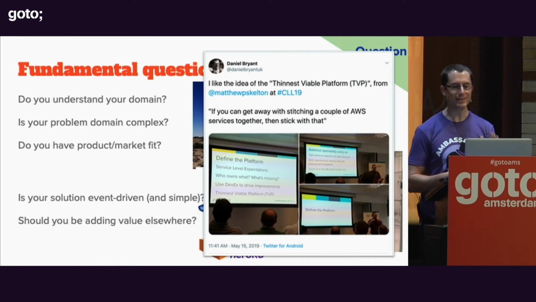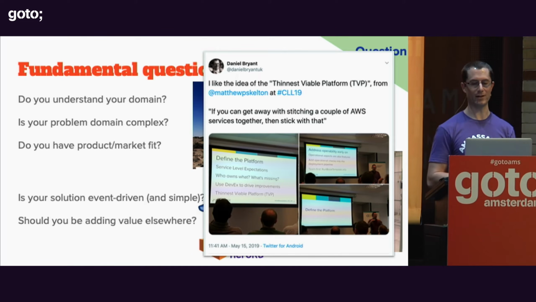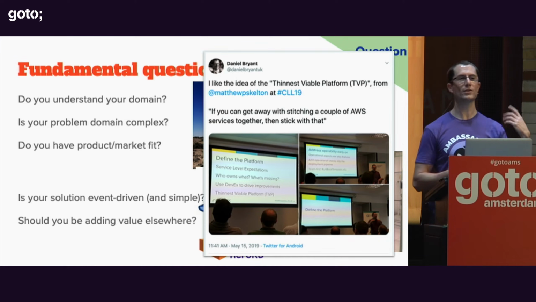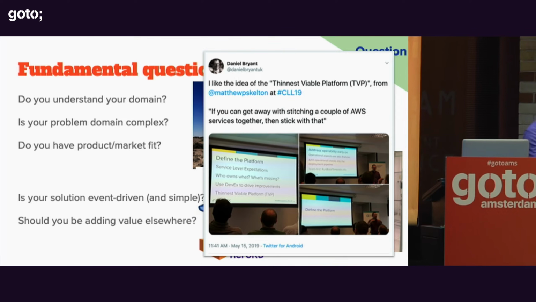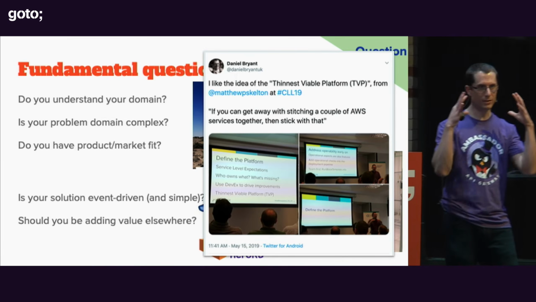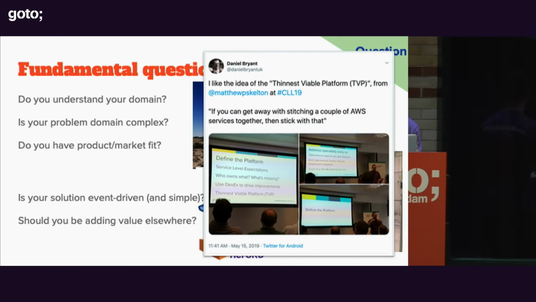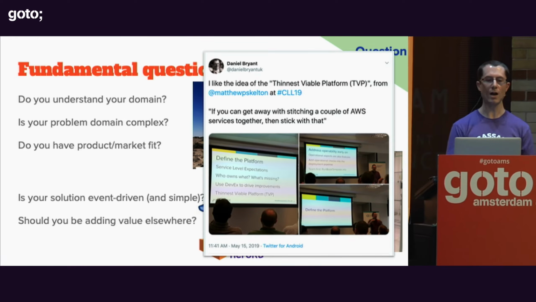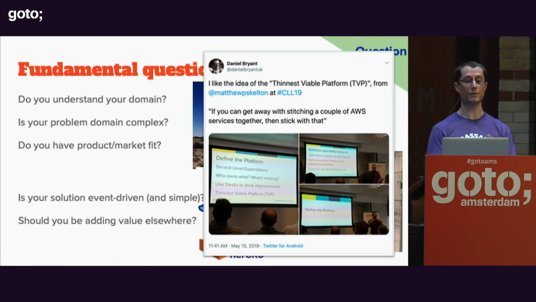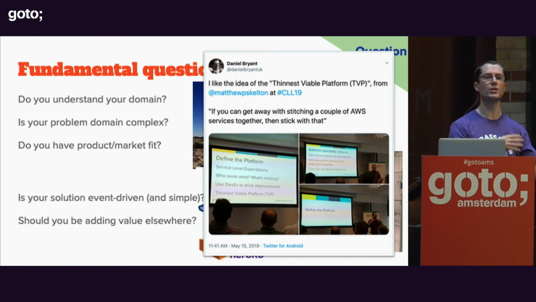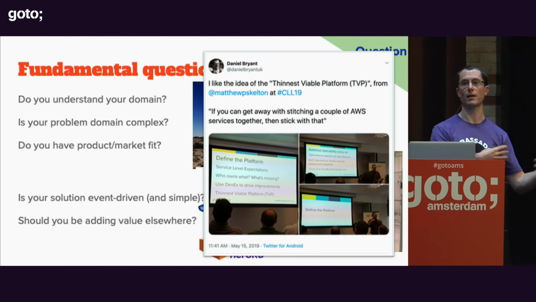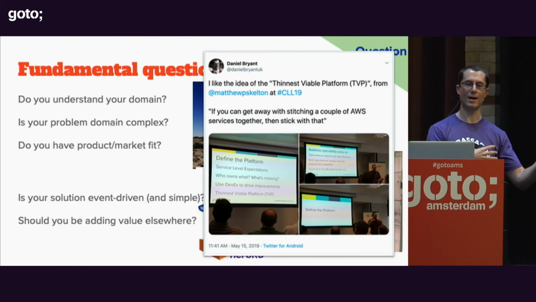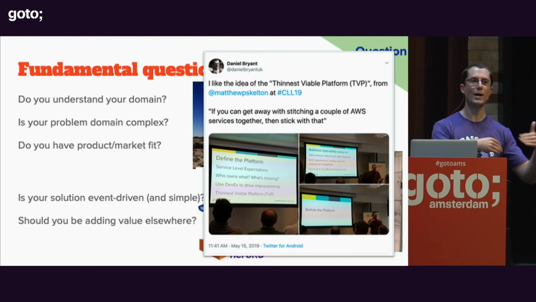If you can get away with stitching a couple of AWS services together, stick with that. And I thought this concept was really powerful. Always aim to minimize the platform, to give the functionality you need in your current use case, but no more. I've seen many companies, and I've been involved in a few, where we've massively over-engineered our efforts up front. And I think there's definitely value in curating developer experience, but know when to pick the right time.